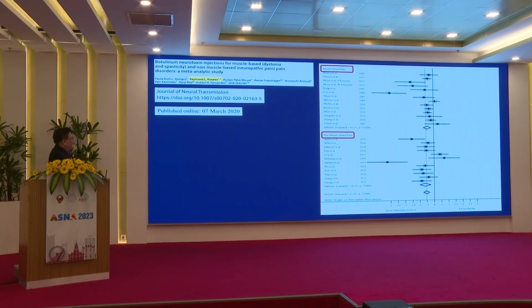If you differentiate the two, muscle-based pain versus non-muscle-based pain injections, you can see that in this forest plot, the diamond is really towards less than 0, meaning that it does have an impact on muscle-based pain and non-muscle-based pain.